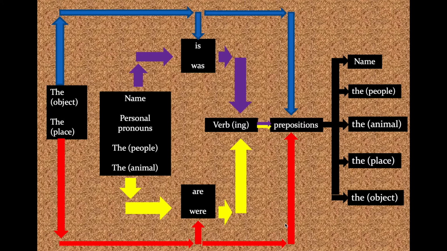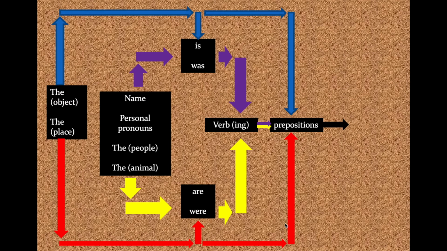And to complete the sentence, you have to choose either one word according to the situation of the sentence. Name of people, the animal, the place, or the object.